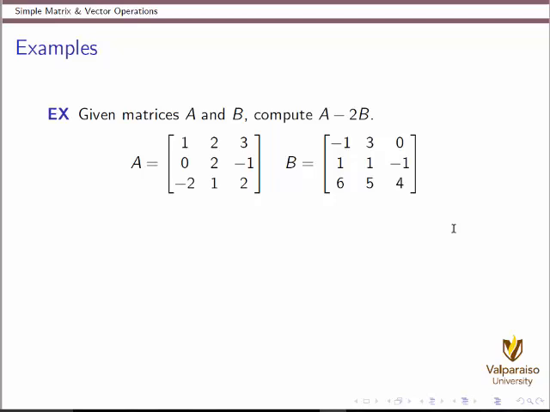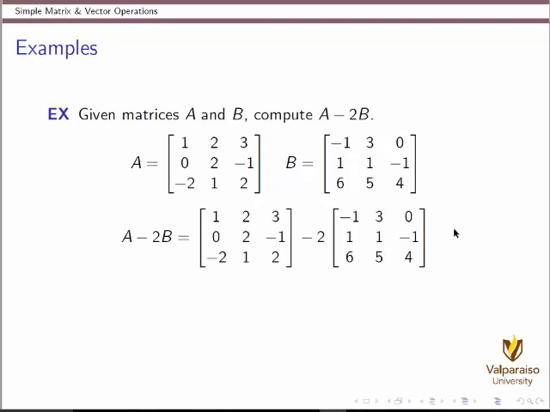So here we go. Here's an example. We're going to take the two matrices there and compute A minus 2B. So we will form the matrix 2B. We're going to go through matrix B, multiply every entry by 2, and then do the entry-wise subtraction of A minus 2B.